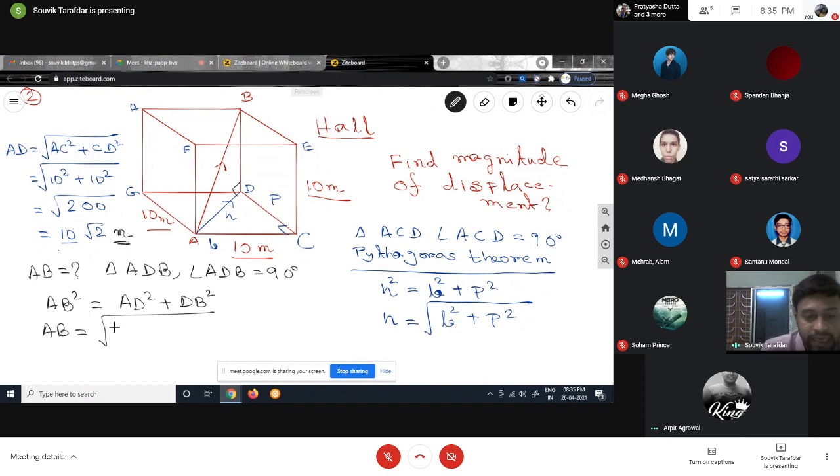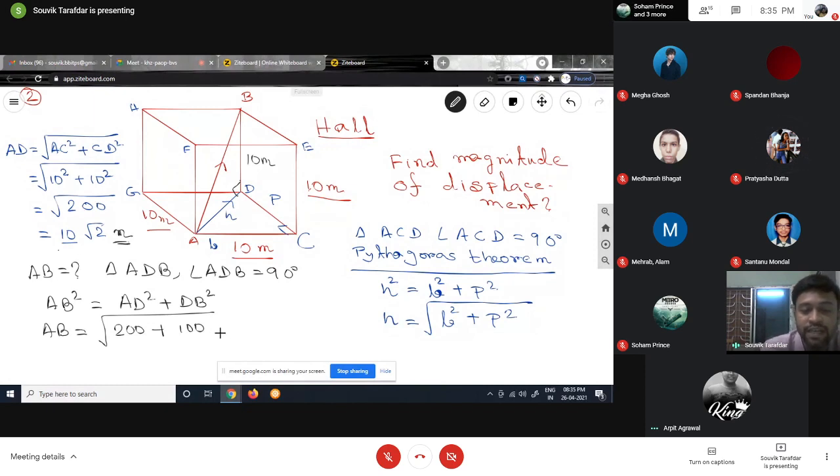So AD square is how much? 10 root 2 whole square means 200. Root over 200 whole square means 200 is coming, plus BD. BD is how much? Anyone can tell me? BD is also 10 meter. So 10 square means 100. Understood?